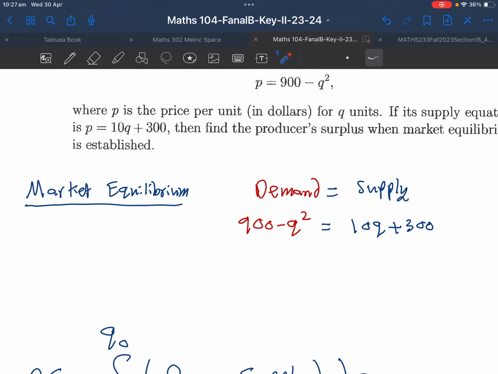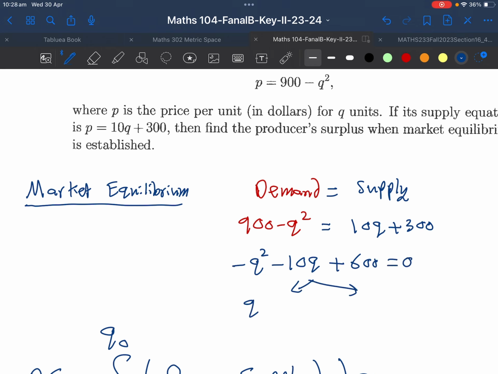Move everything to one side. So move this 10q to this side, move the 300 to this side. It will go with negative, so we'll get 900 minus 300, and that's 600. So we will end up with minus q squared minus 10q plus 600 equal to 0.